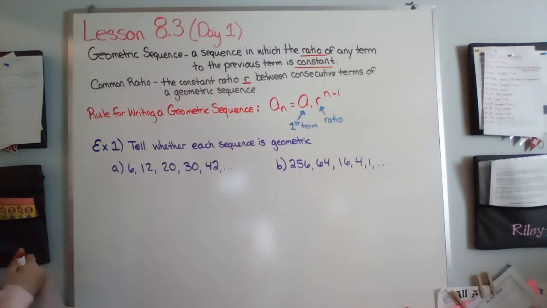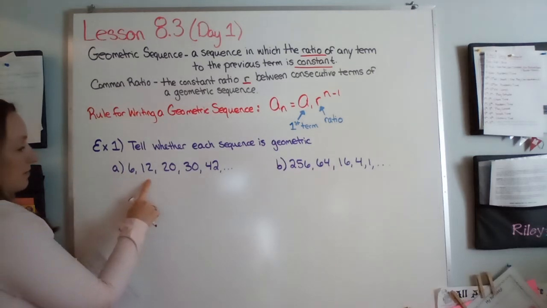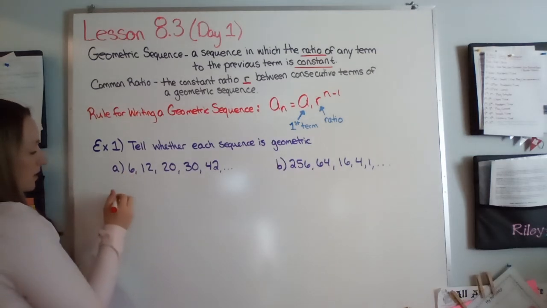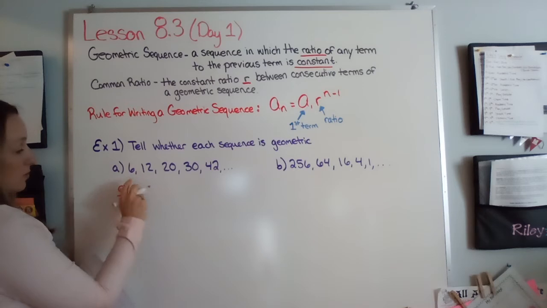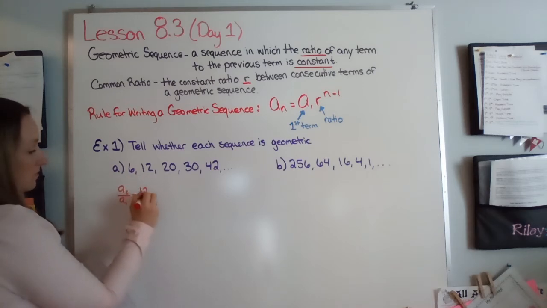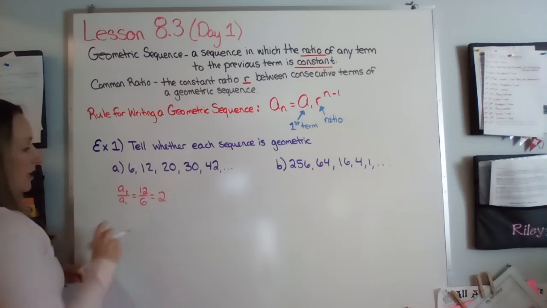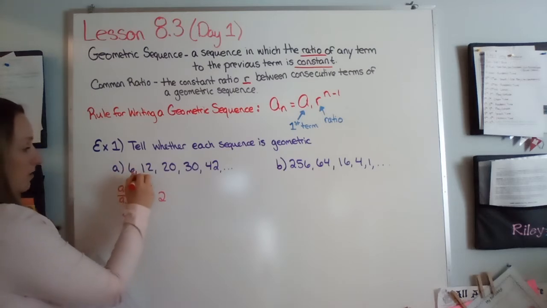All right, so to find a common ratio, you're going to take a term and put it over the previous term. So for example, a sub 2 over a sub 1. If you take the second term and put it over the first term and simplify, you can see, and you probably all knew, you're multiplying by 2.